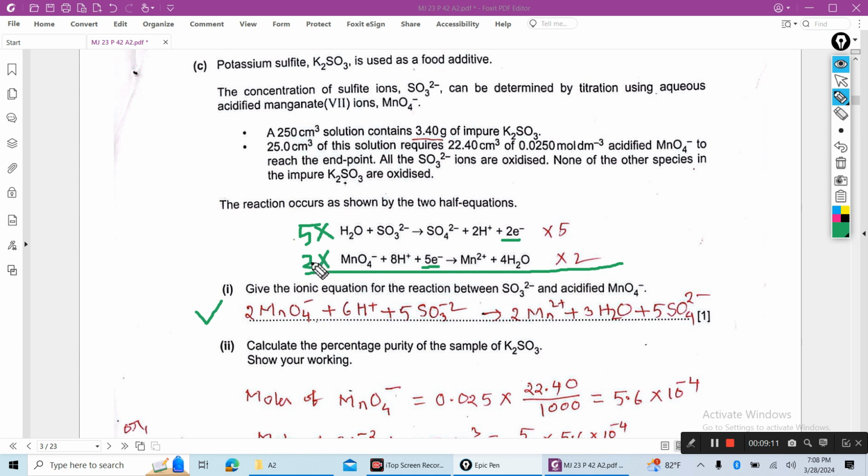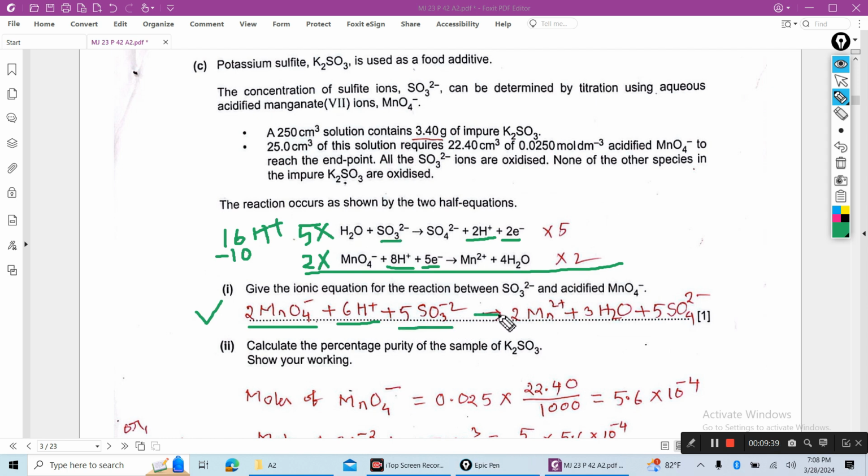So here 2 manganate ions, 8 times 2 is 16 hydrogen ions on the left, right hand side 10 hydrogen ions. So left hand side 16 minus 10 hydrogen ions, the left side will be 6 hydrogen ions. Then 5 sulfide ions.